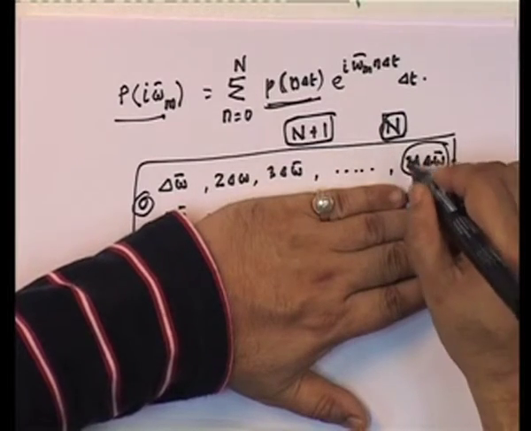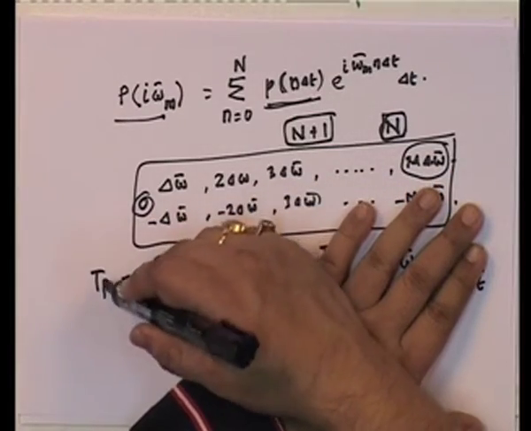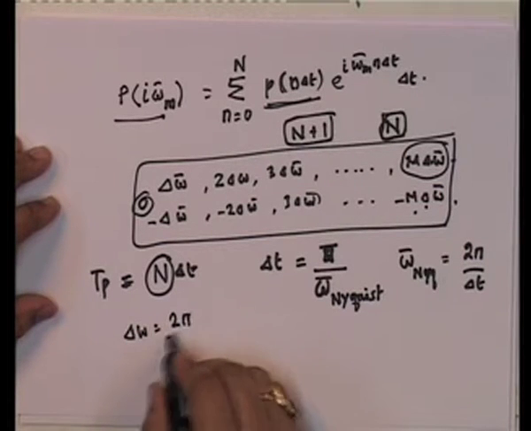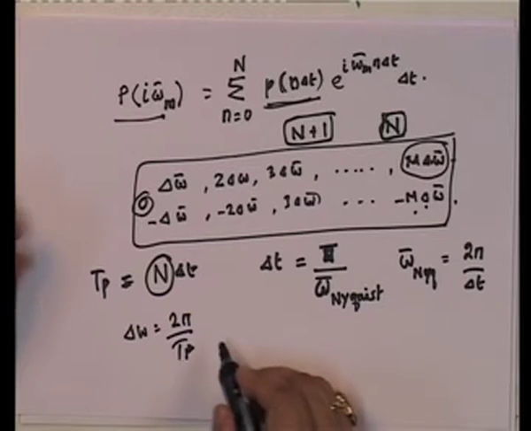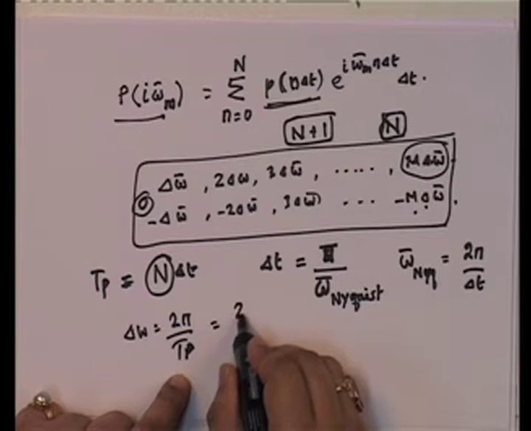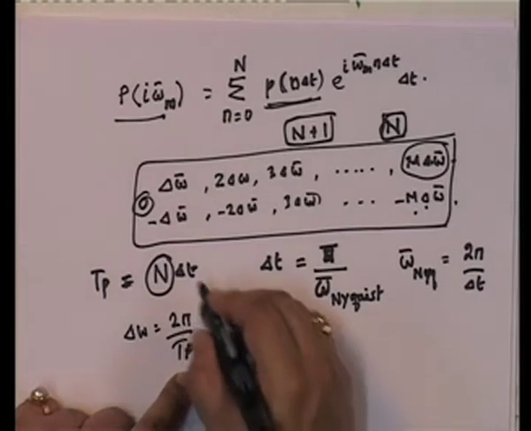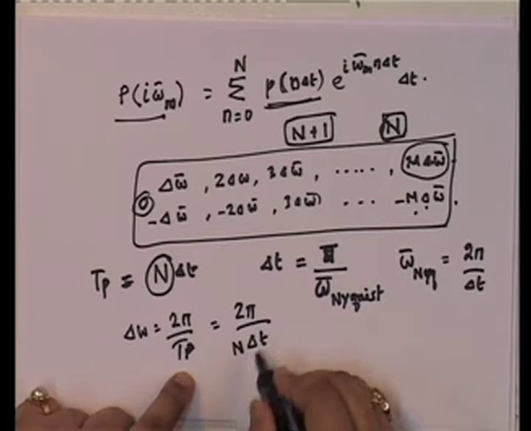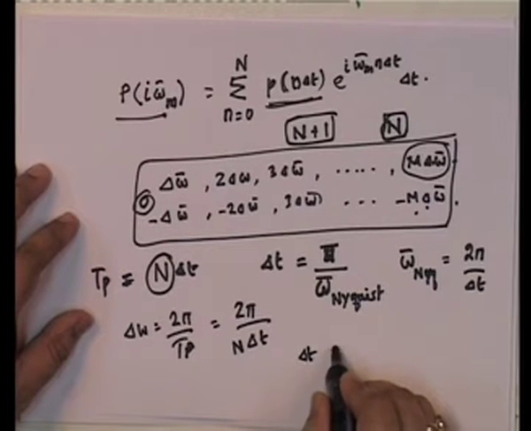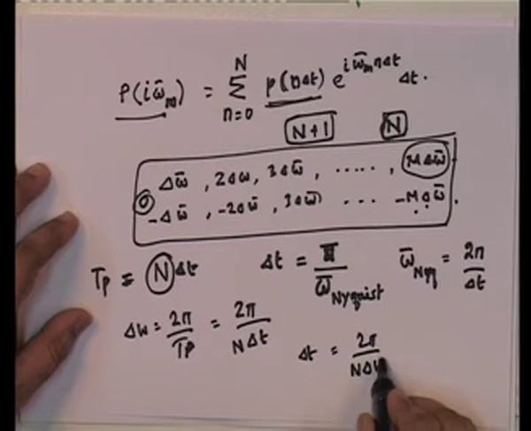Well, that would be n into delta omega bar. Now, delta omega bar, the lowest frequency, is equal to 2 pi by Tp. Okay. So, 2 pi by Tp, Tp is equal to n delta t. So, if I put this up, what does delta t become? It becomes 2 pi upon n delta omega bar.